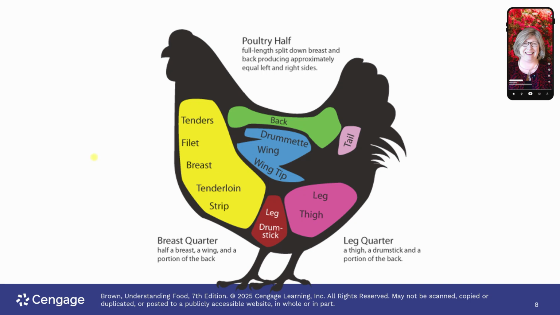In this diagram, we see where the tenders, the fillets, the breasts, the tenderloins, and the strips come from. Then we see down where there's the drumstick, the leg. Then there's the leg and thigh piece. And you have the drumette, the wings, and the wing tips, and the tail and the back.